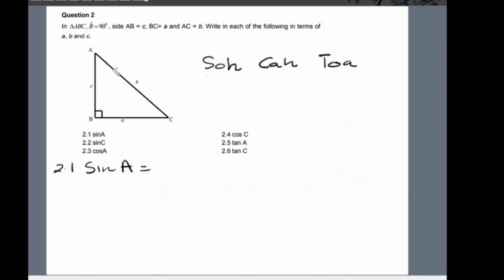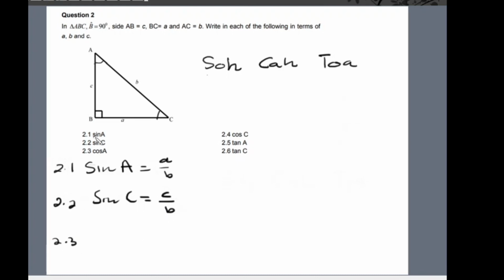So sine A, sine of angle A, is opposite over hypotenuse, so that is A over B, right? And then sine C is opposite over hypotenuse again, so that's C over B, right?